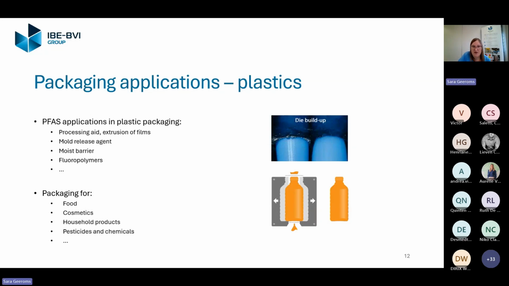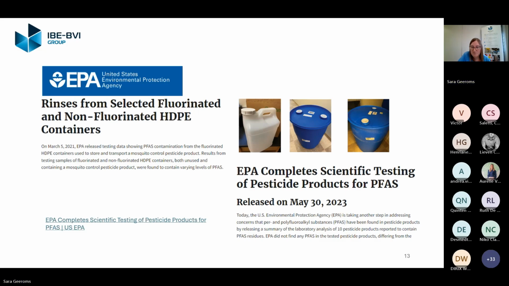Now, from the list, I have a more detailed example. There have been publications from the EPA that found PFAS in pesticides. Now, when they traced back the origin of the PFAS in the product, because it was not intentionally added in the products, they found that the cause was the packaging. As for packaging for dangerous goods, fluorination is actually a known process to improve the chemical compatibility so that the material is more resistant to the chemical that it will be containing.